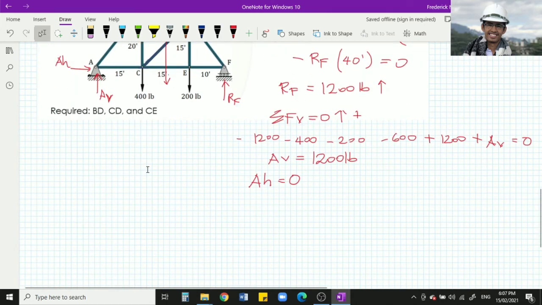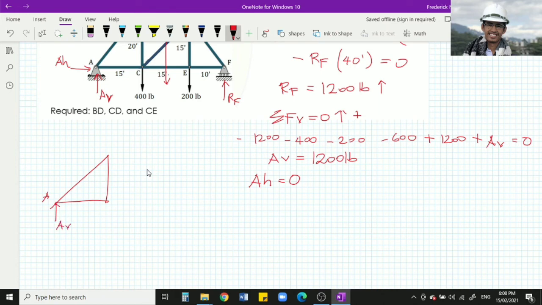Okay? So, i-drawing lang natin. So, ito yung A natin. So, meron tayong A vertical. Yung A horizontal natin, 0 din yan. A vertical natin, that is 1,200 pounds.